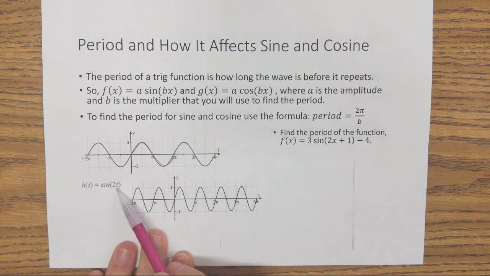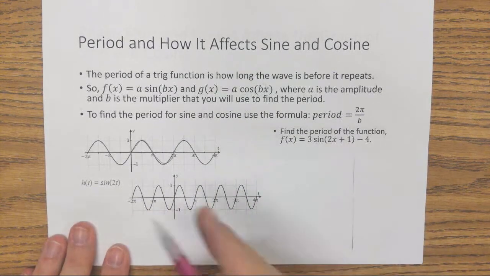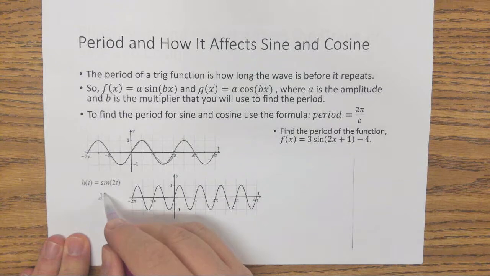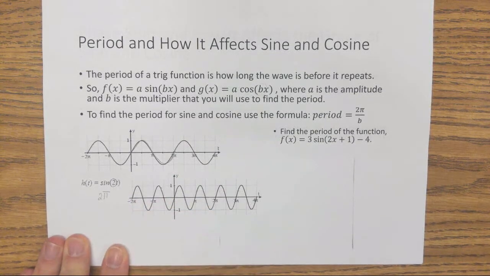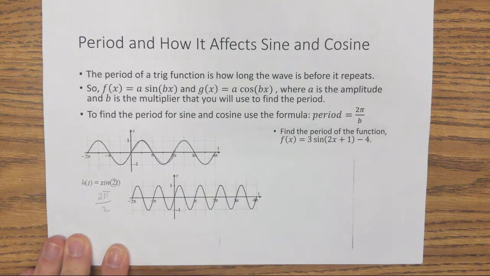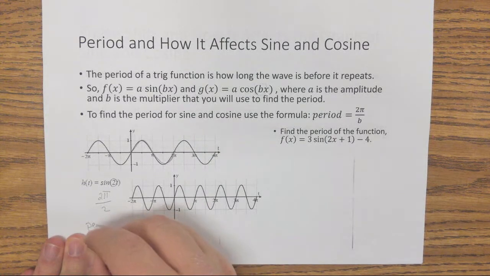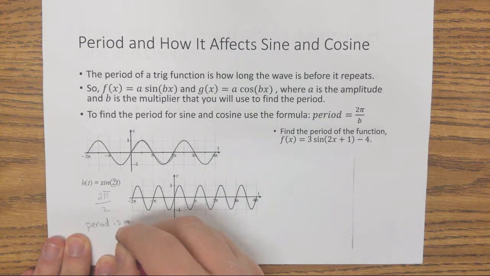So, for this little example here, when we're graphing it, all we do is we would say 2 pi, here's our b value right there, is 2, divided by 2. Well, that means my period is pi.